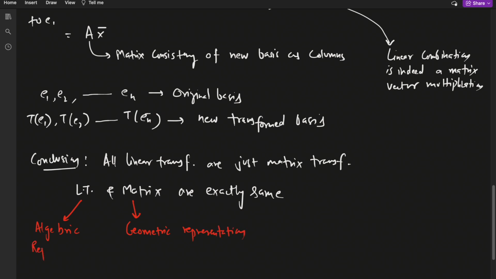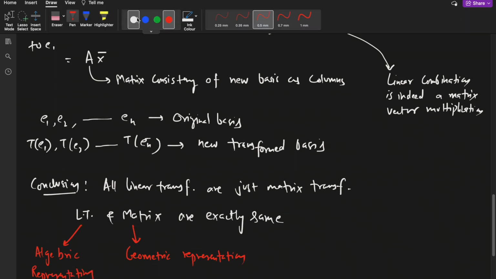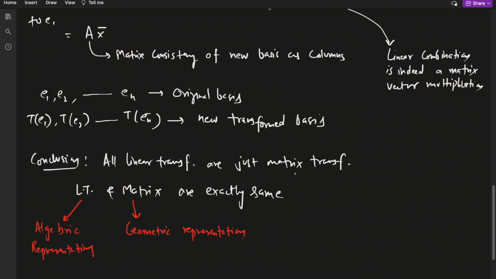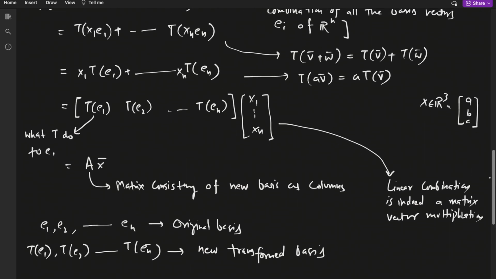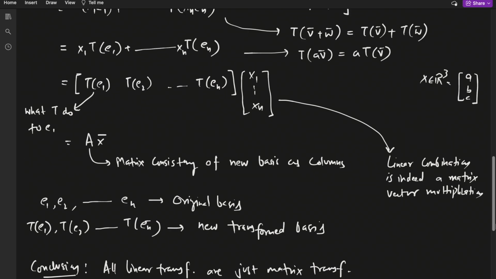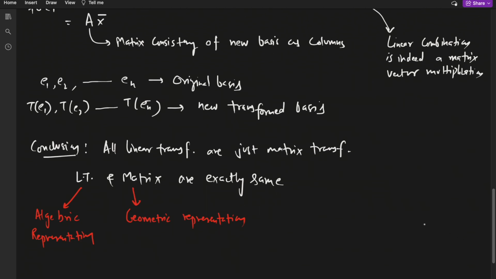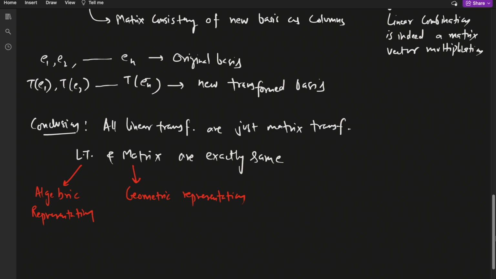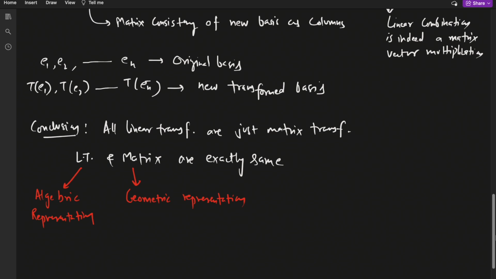This is the algebraic representation. That is the difference. And because it is compact, obviously, instead of writing this entire linear combination equation, I can simply write A times X. So it's also a compact representation, right?